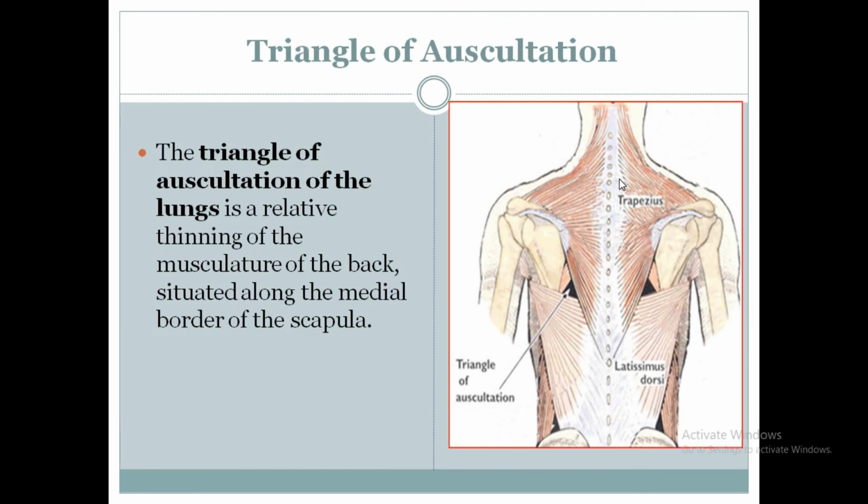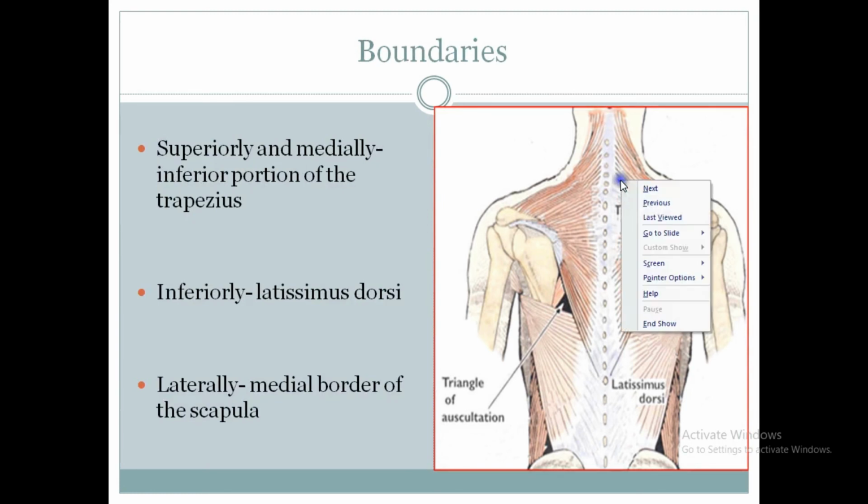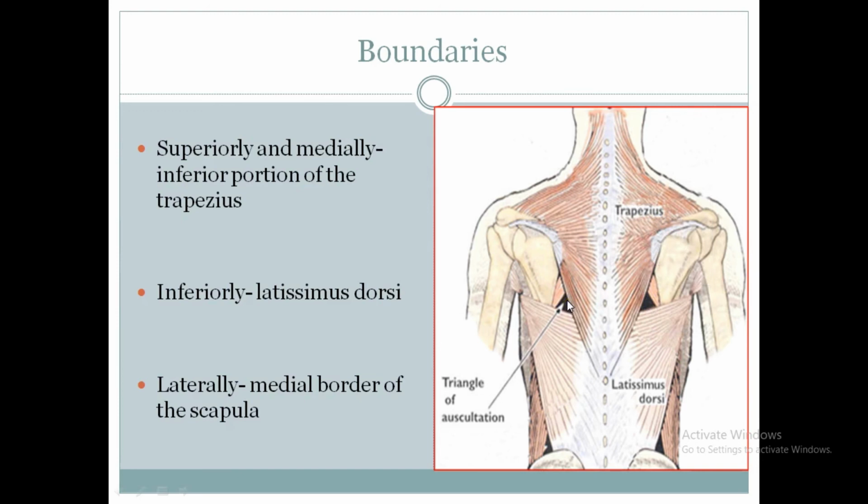Triangle of auscultation. The triangle of auscultation of the lung is a relative thinning of the musculature of the back situated along the medial border of the scapula. The boundaries of the triangle of auscultation are superiorly and medially by the inferior portion of the trapezius muscle.